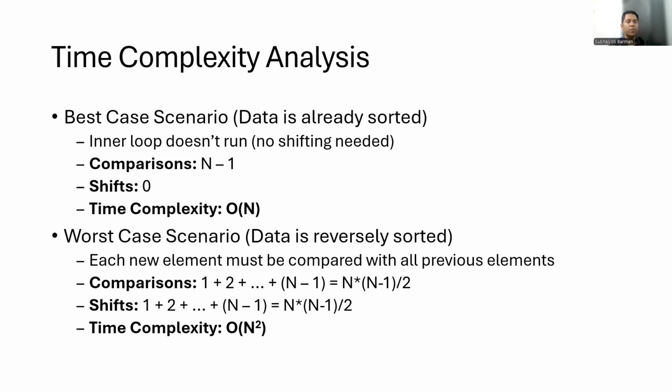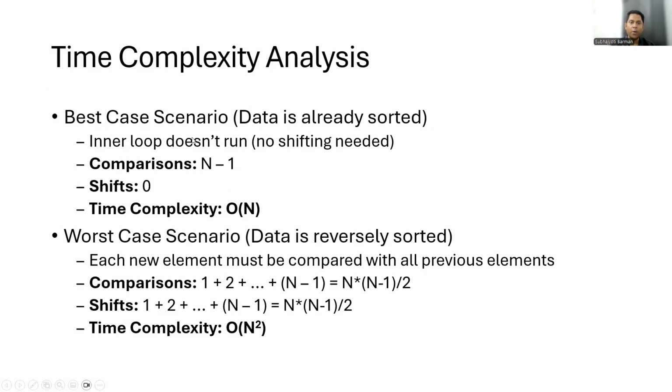Let's talk about the time complexity. Best case time complexity is when data is already sorted. If my data is already sorted, it will not execute my while loop, right? Because in the first place, we will get one element which is less than key, and that's why it will not execute the while loop.